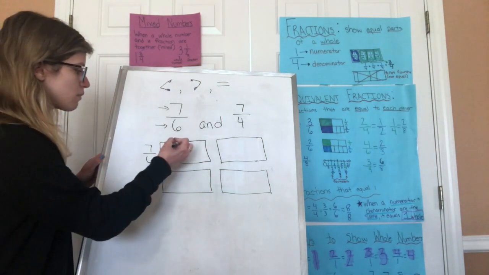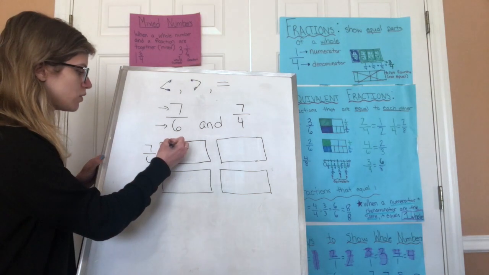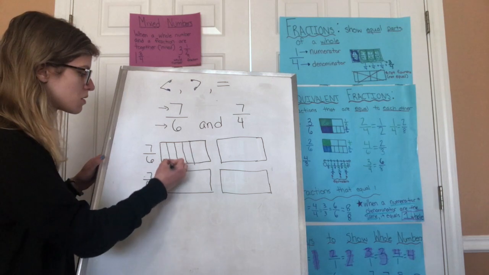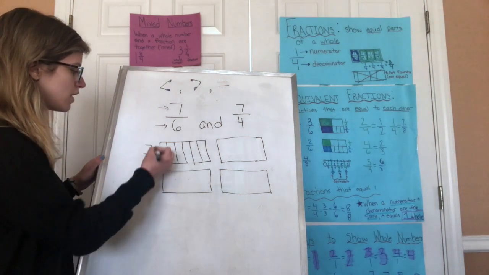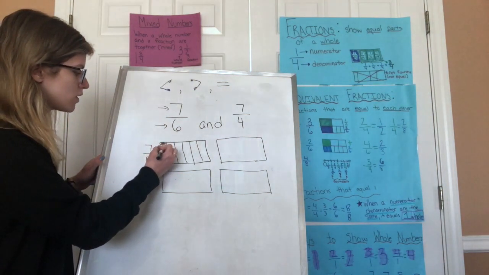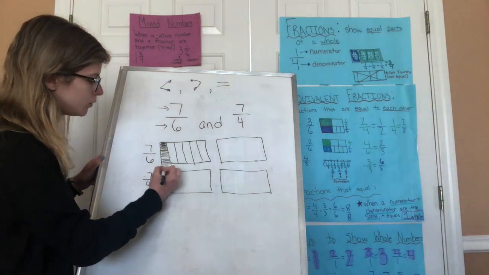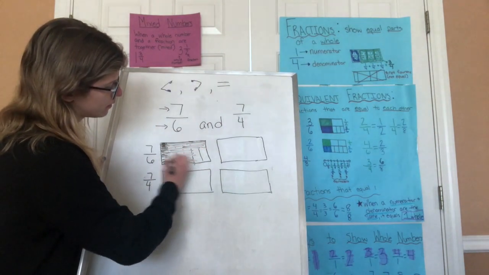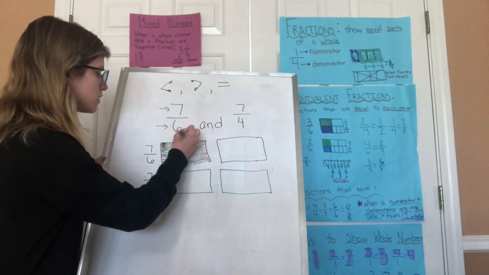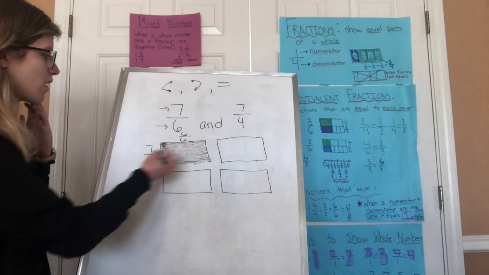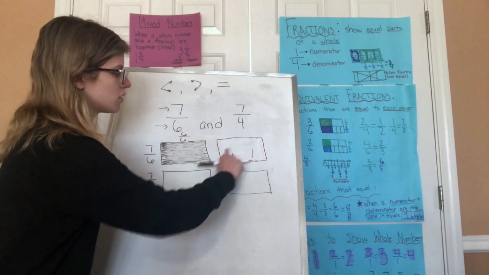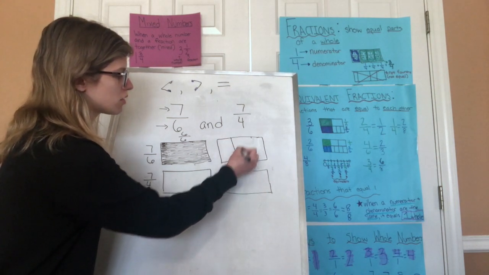So for 7/6, I'm going to break up my first whole into 6 parts and shade in all of them because 6/6 would be 1 whole. So now I shaded 6/6. And now I need to do the same thing over here where I separate it into 6 parts.